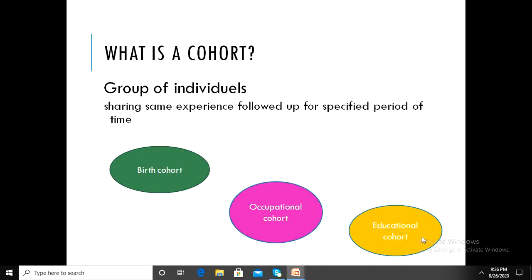So it depends upon the researcher's question what type of cohort is being selected. But at the time of selection, the group of individuals should be free of the outcome of interest. Number two, they should share the same experience. And number three, they should be followed for a specific period of time. That makes a typical cohort.